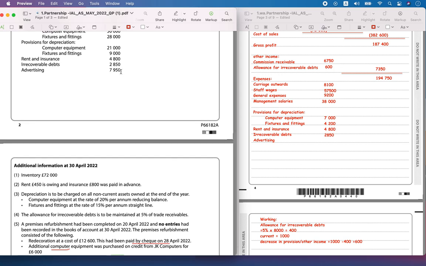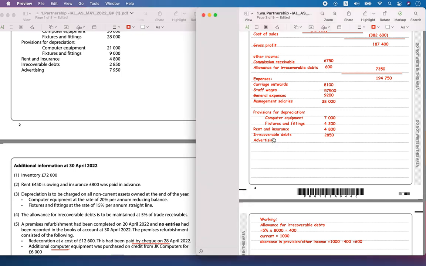So 7,950 plus 2,400 is equal to 10,350. So the total advertising expense becomes 10,350.